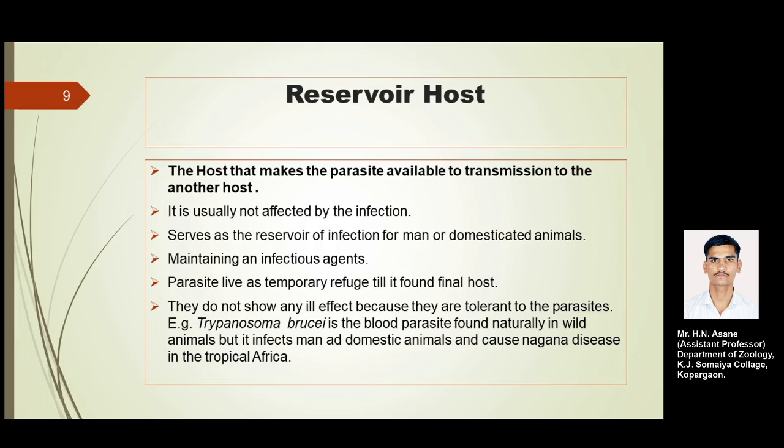Here an already infested host transmits to the other host, but it is usually not affected by the infection. The reservoir host does not show any characteristics of illness, so the host that eats it cannot understand that this reservoir host is infested with some parasite.